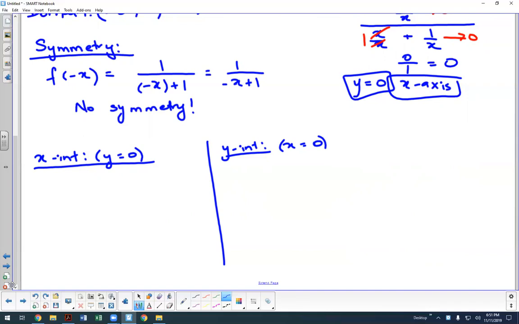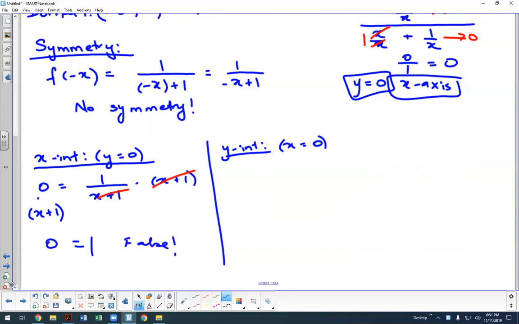Did anybody get those answers or not? Okay, get rid of your denominator again if you're trying to find the x-intercept. So obviously this is a false statement, which means we have no x-intercept on our graph.